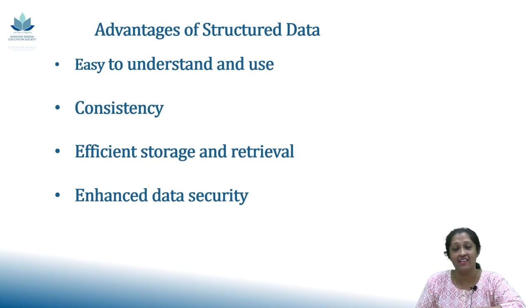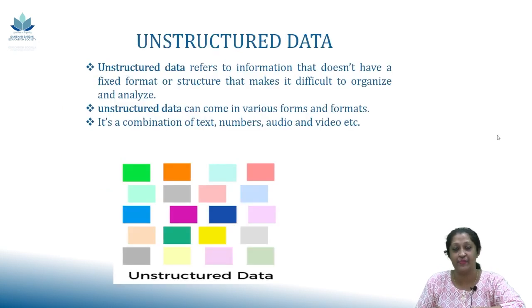Now let us see unstructured data. Unstructured data refers to information that doesn't have a fixed format or structure, which makes it difficult to analyze and organize. That means in unstructured data, there is no predefined format.